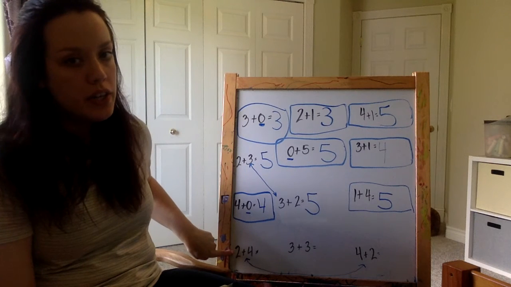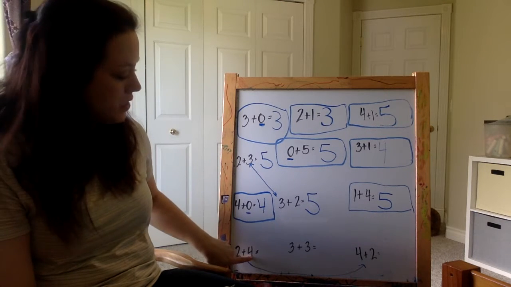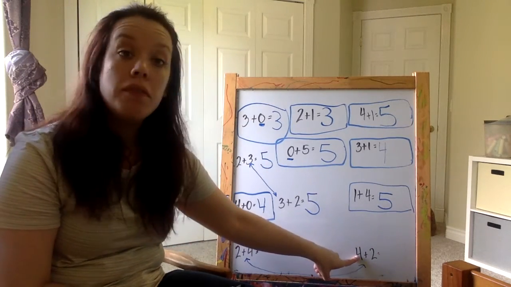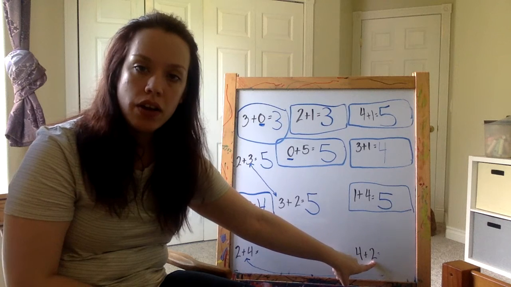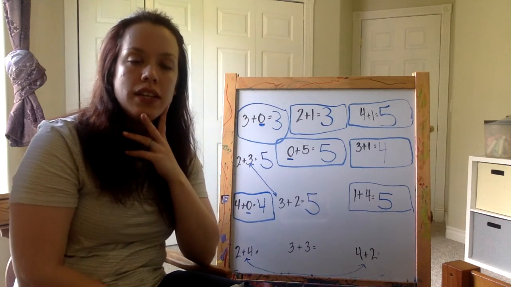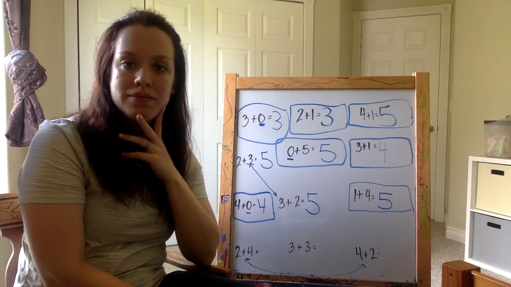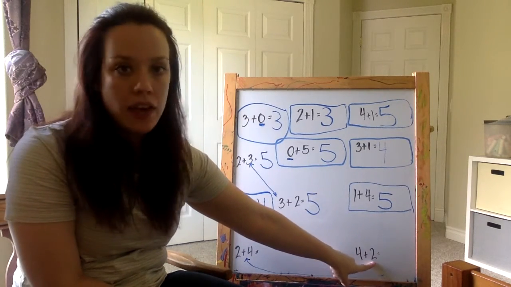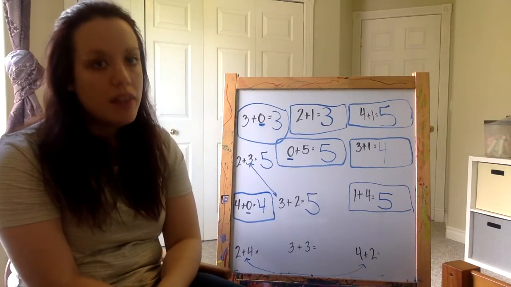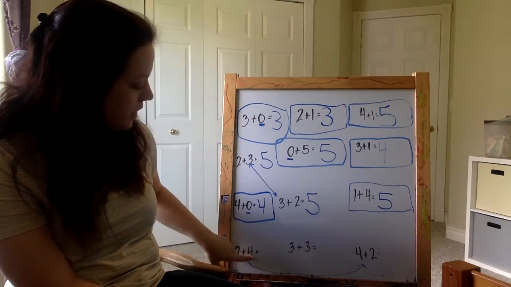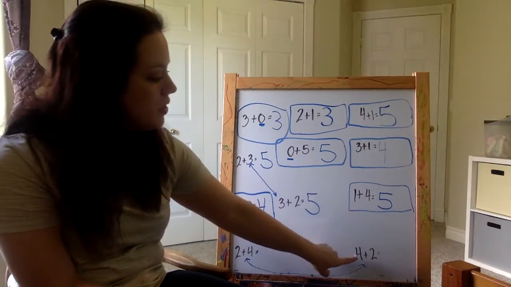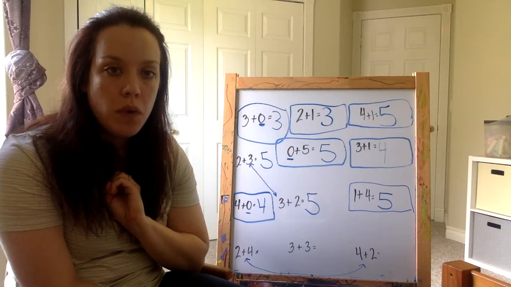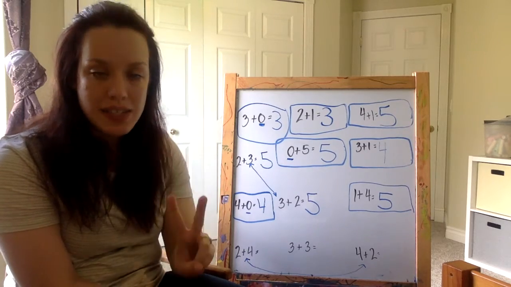So I could start at 2 and count on 4 times, or I could start at 4 and I would only need to count on 2 times. Which do you think is going to be faster? If I start at 4, I only need to count 2 more numbers, which is going to be a lot faster than starting at 2 and counting on 4 more numbers. So count with me. We're going to start at 4 and add 2. 4, 5, 6.